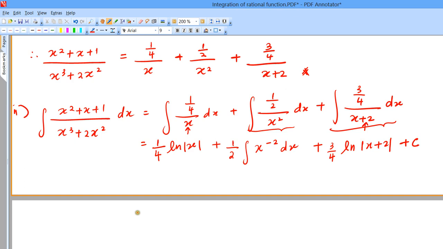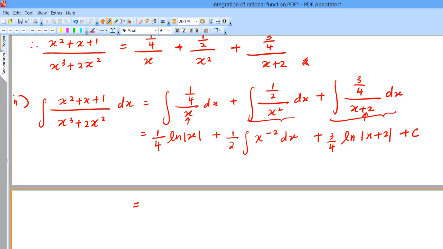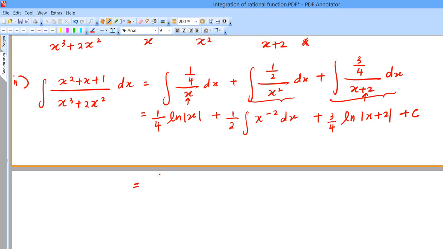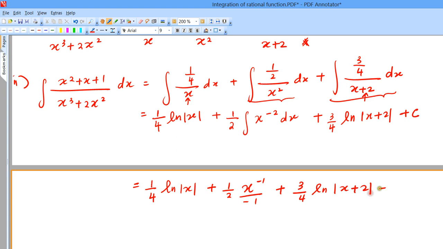And then equal to 1 over 4 ln x, plus 1 over 2, and then integrate x power negative 2 equal to x power negative 1 divided by negative 1, plus 3 over 4 ln x plus 2 plus c.